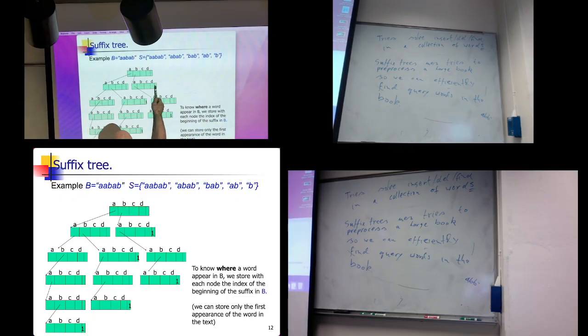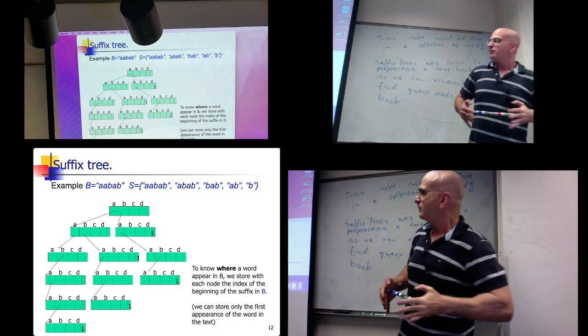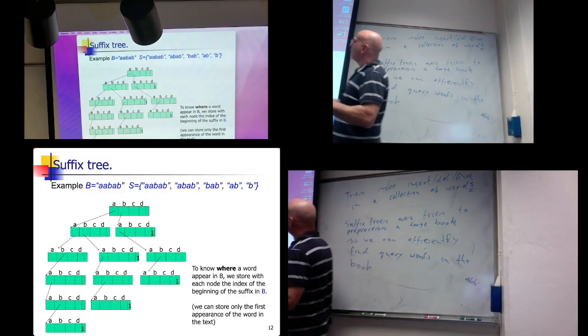And actually, I'll store over here also where the suffix appeared in the book. There is some auxiliary data that you need to store there. And continue. Now I'm inserting the next suffix, AB. You're trying to insert it, it doesn't exist, so create new nodes, just the same insertion as before. Make sense? And in this way, you're creating all the suffixes.